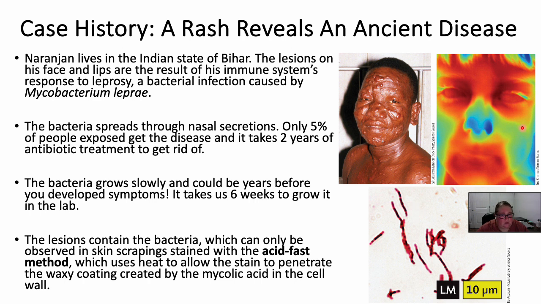Now, one of the things that is interesting about mycobacterium is they like to grow in cooler temperatures. Okay, so if you look here at this guy's face, there's some places of his face that don't have as many lesions as others. Okay, so if we look at the thermal image here, we can tell that his forehead right here, his T area is what it's called, his eyes, and around his mouth and his neck are more warm than, say, his nose, the top of his forehead, and his cheeks.